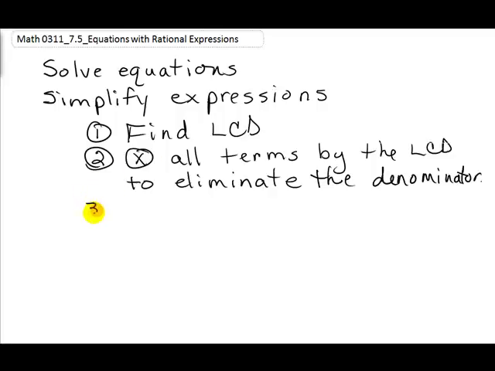After we do that, then we will have something that looks more like what we've solved before. So we'll solve the equation, and you always want to check your answers.